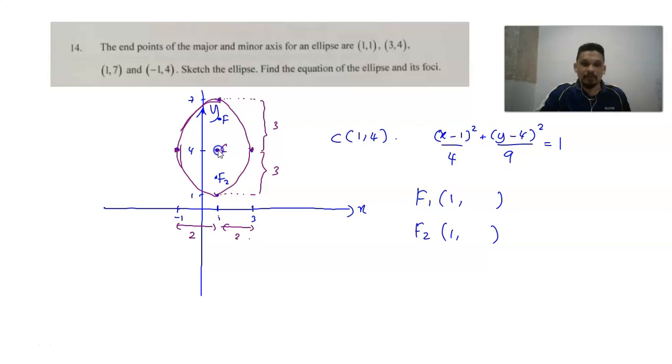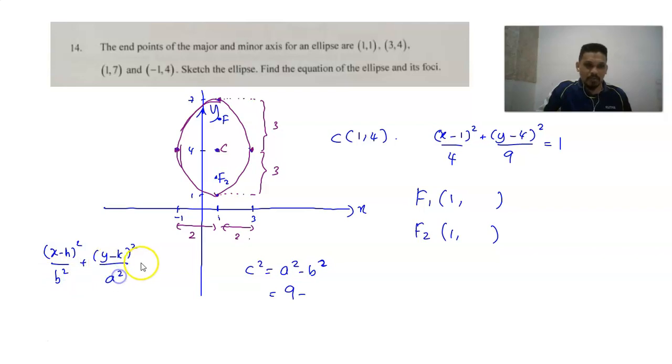So it means that from 4 plus, we need to find out the c here now. c squared equals a squared minus b squared, where a squared equals 9. Here, please remember this: (x minus h) squared divided by b squared plus (y minus k) squared divided by a squared equals 1.